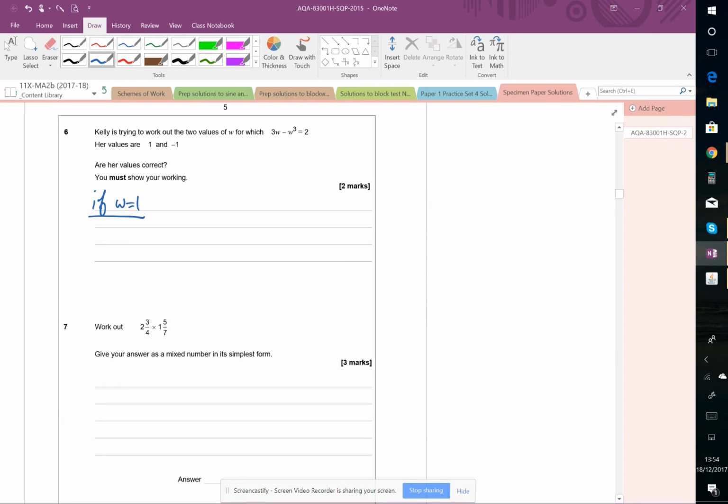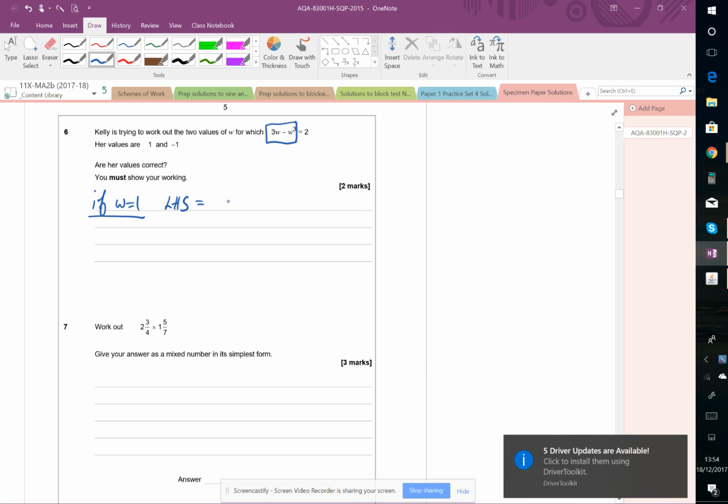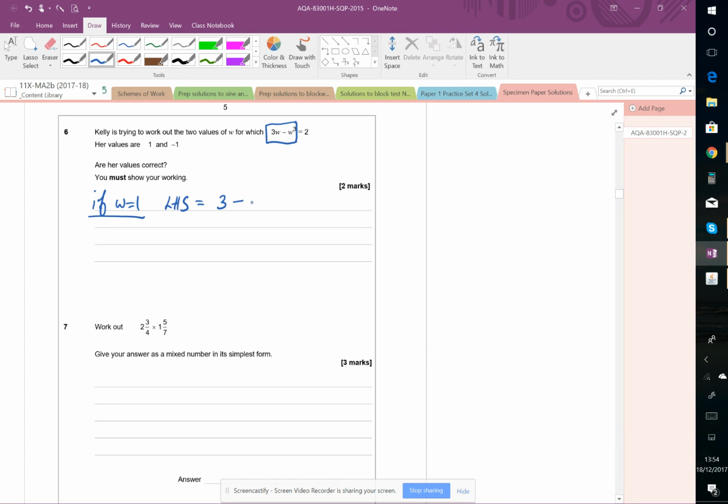So we're going to have the left-hand side of this. So that's what I mean by the left-hand side is this bit. This is 3 times W is 3 minus W cubed. Well, that's going to be 1 cubed. 3 minus 1 cubed is 2, so that's okay.